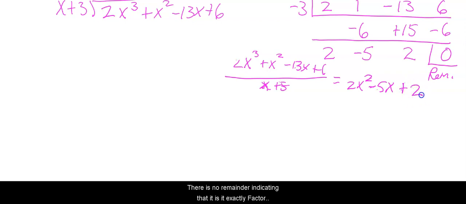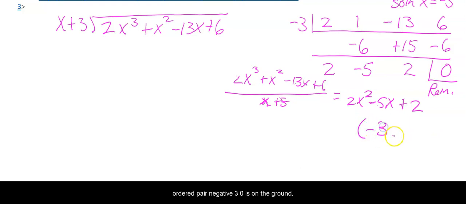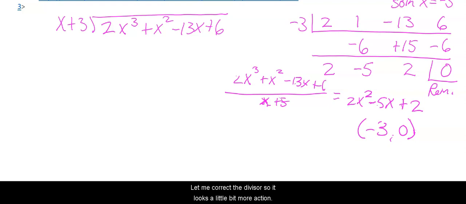There is no remainder indicating that it exactly factored it. It also means by the remainder theorem that the ordered pair negative 3, 0 is on the graph. Since the y value is 0, this is an x-intercept. Let me correct the divisor so it looks a little bit more accurate. This should be x plus 3.